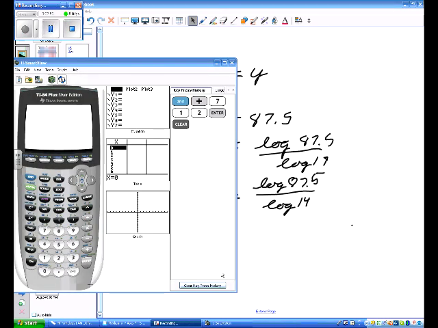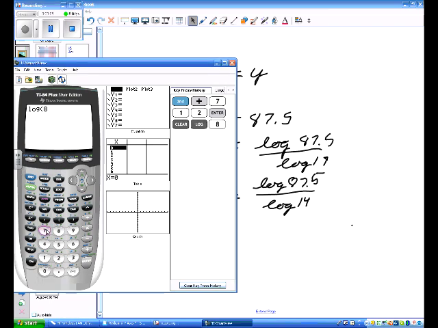Okay, let's use our calculator then to evaluate this. Since we made these into common logs, we're going to use our log button. So we would say log of 87.5 divided by log of 14. We're going to round these off to 3 decimal places.